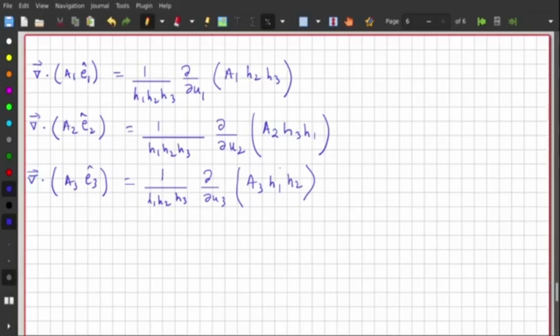And now, we can write the vector A in the contravariant basis as A1 E1 cap plus A2 E2 cap plus A3 E3 cap.